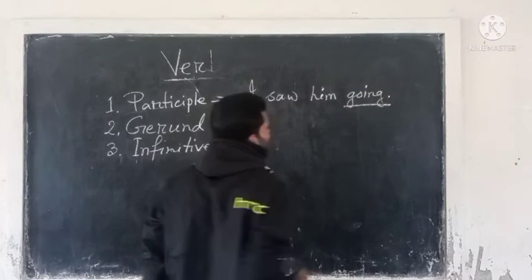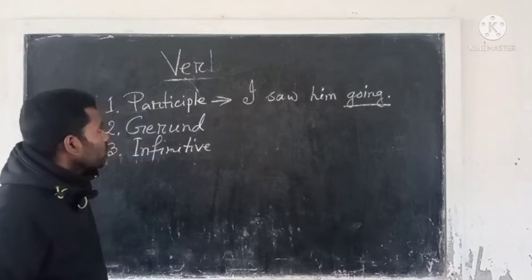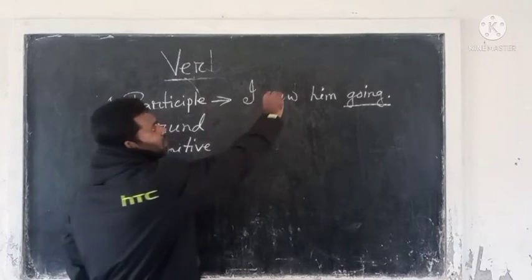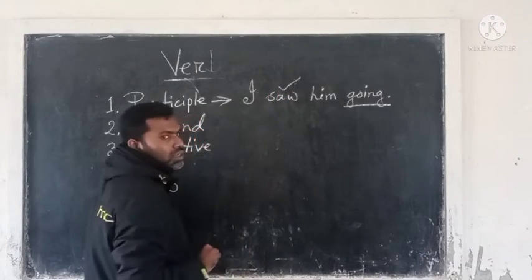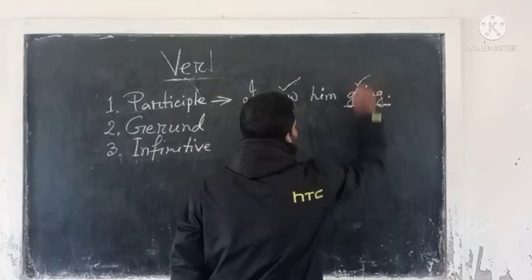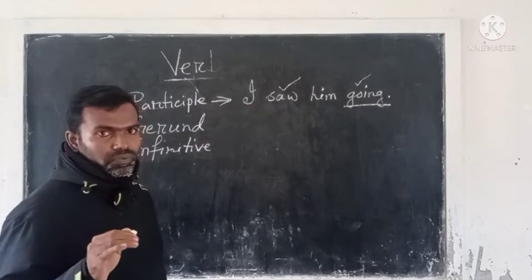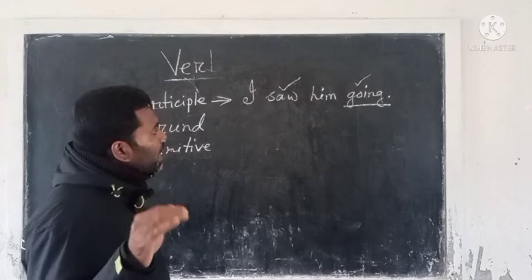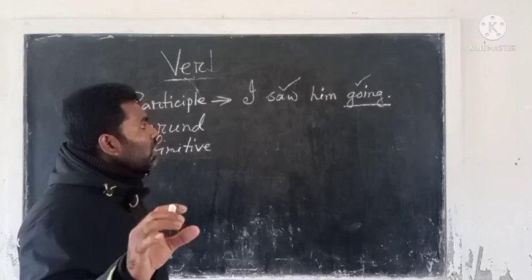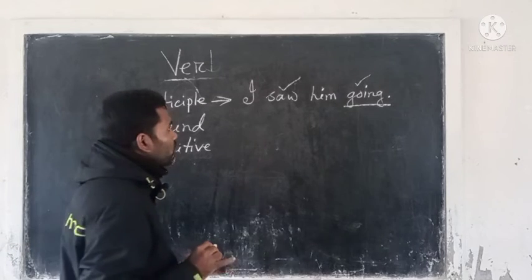Here saw is a finite verb, and going is a non-finite verb, and this verb is called participle because it acts as an adjective.